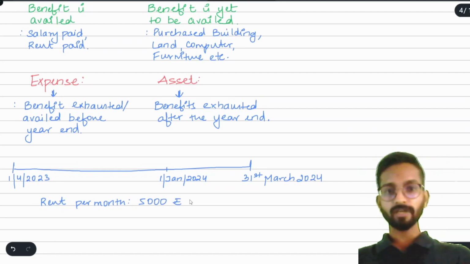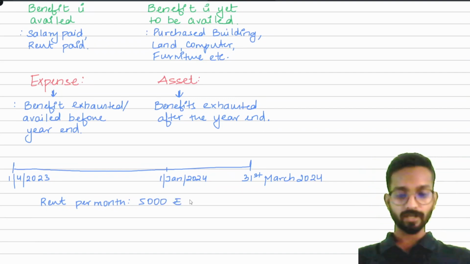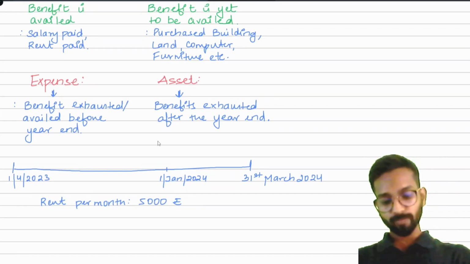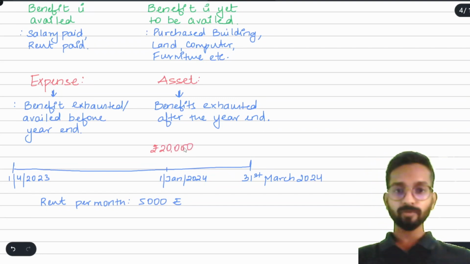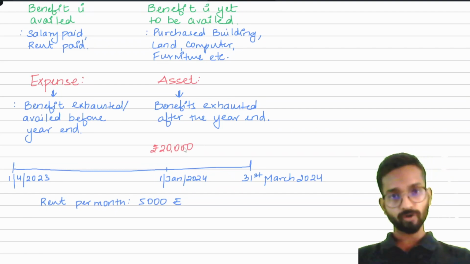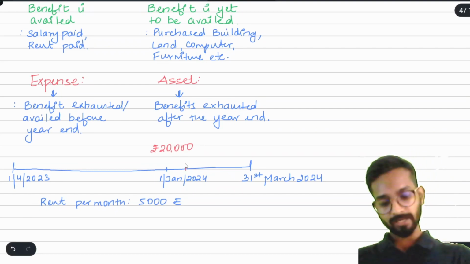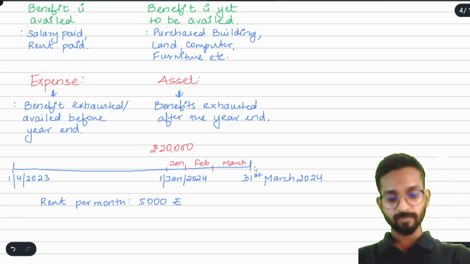On 1st January 2024 I called my landlord and I told him I am making you a payment of rupees 20,000 on 1st January 2024 for the future 4 months. 4 months will be which one? Entire January, then entire Feb, then entire March, and I have made him an extra payment for the month of April.